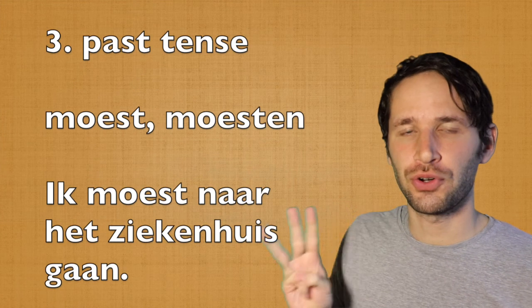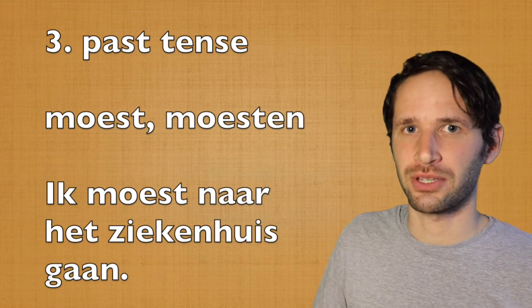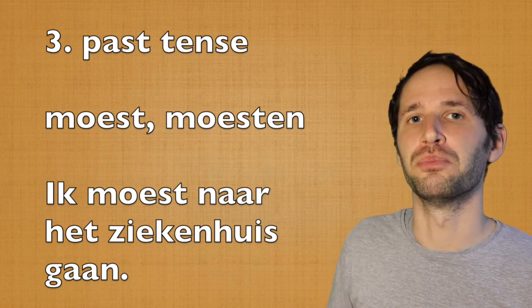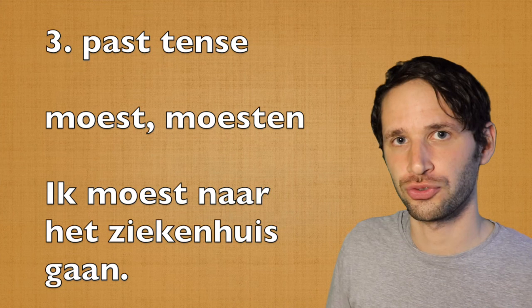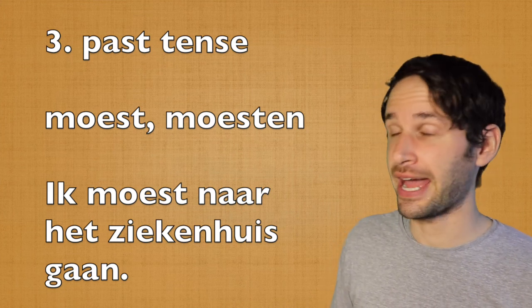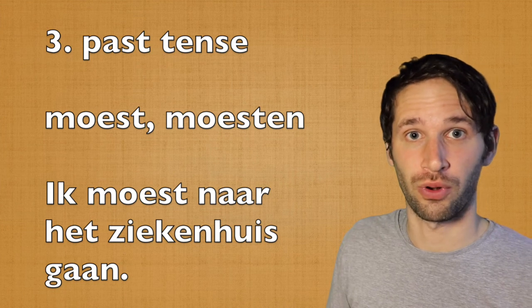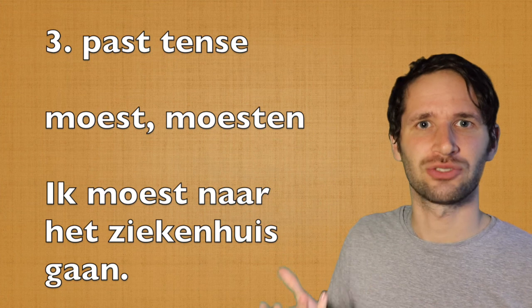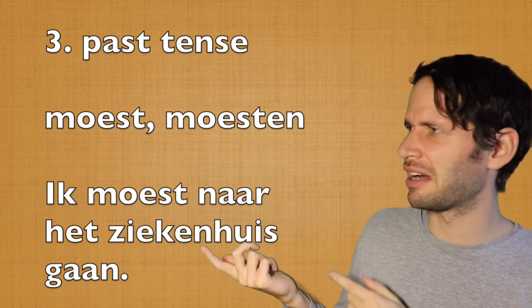All right. Third thing, which is a bit confusing, is the past tense. The past tense of moeten is moest and moesten. So, I had to go to the hospital, or well, I must, there's no past tense. So I had to, I musted, doesn't exist.